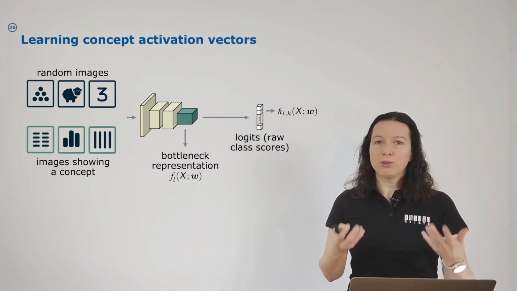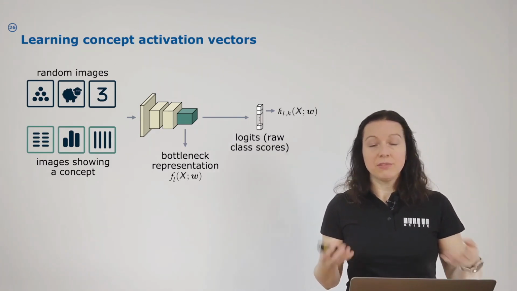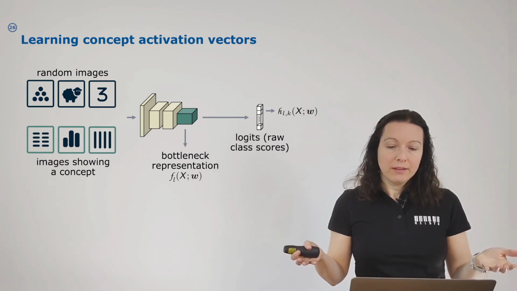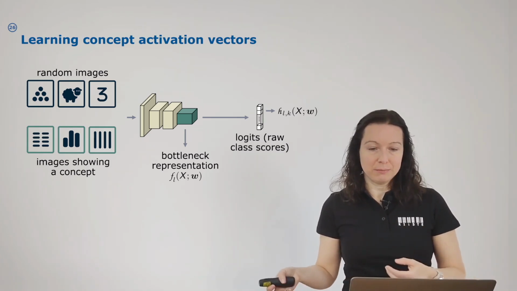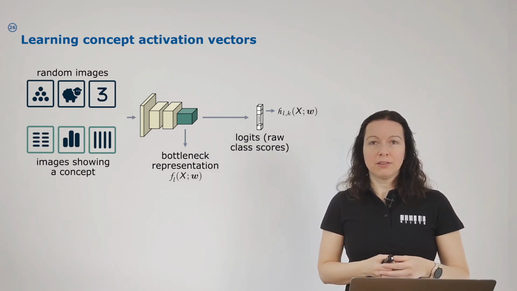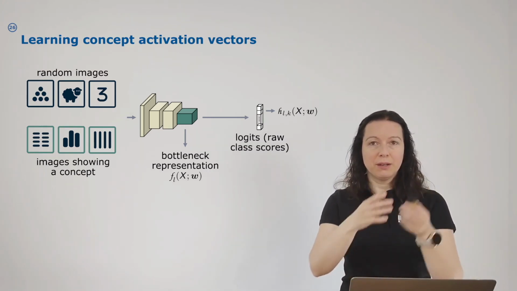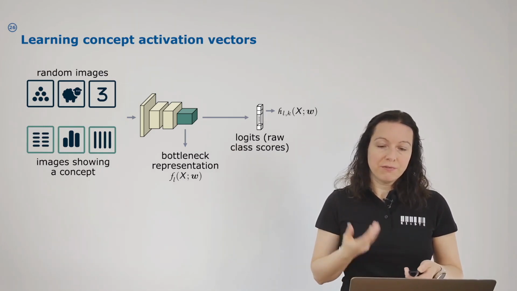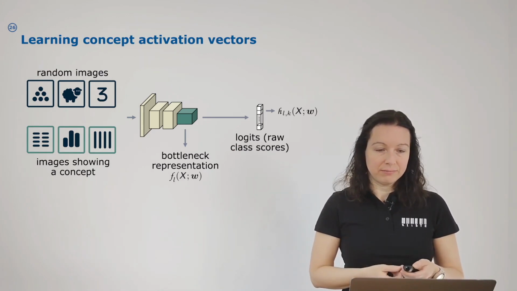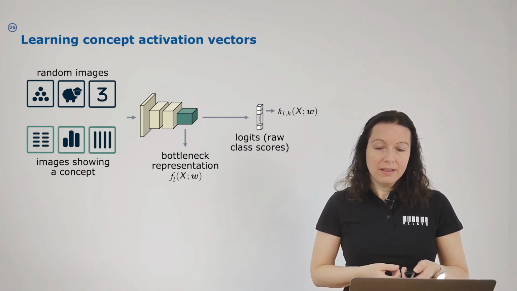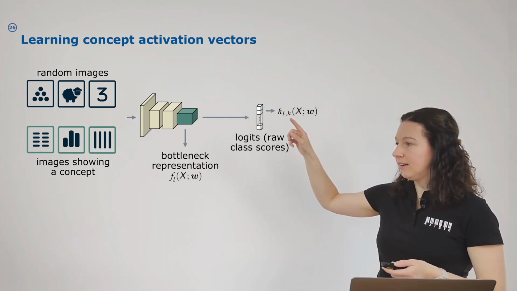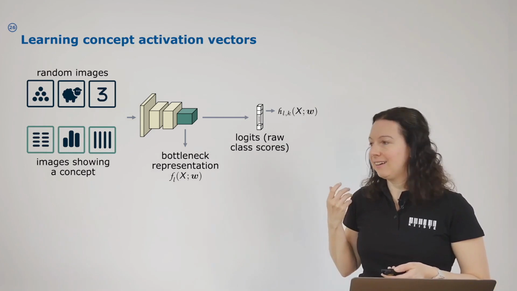But now we want to test if a specific image, like our one image of our zebra, aligns with the stripe concept. For this we need a second part, not only the bottleneck representation, but the function h to get from this representation in the bottleneck layer to the logits. To illustrate, this is h.